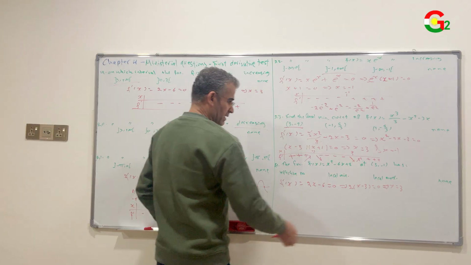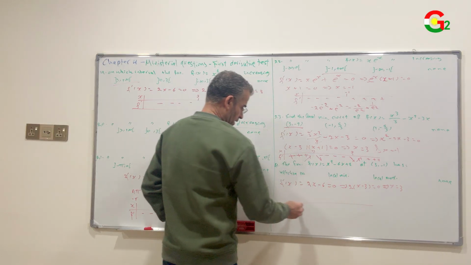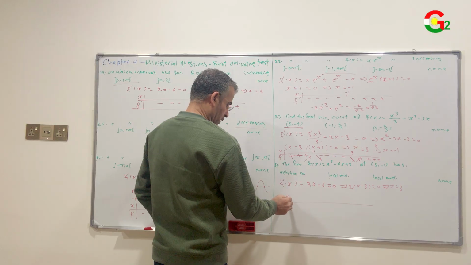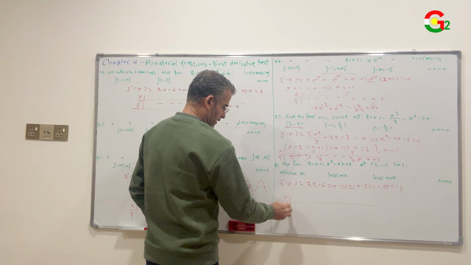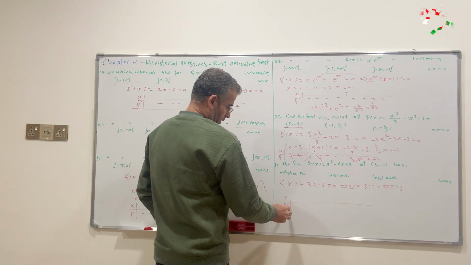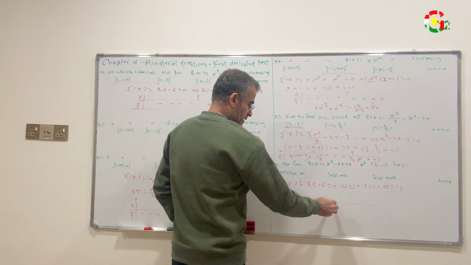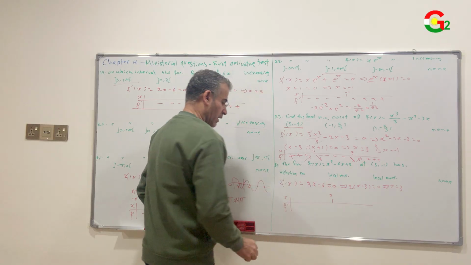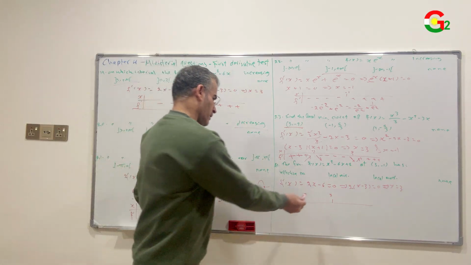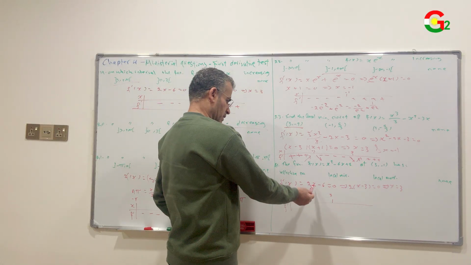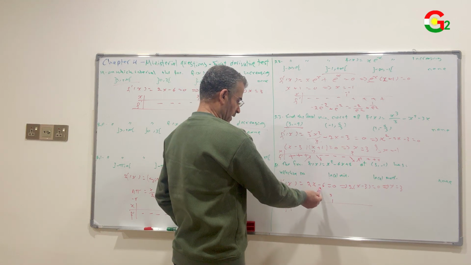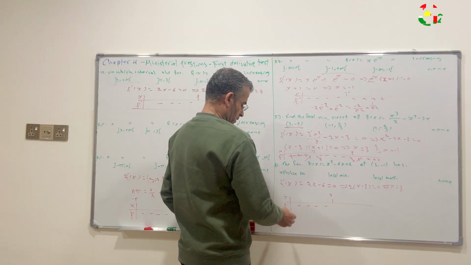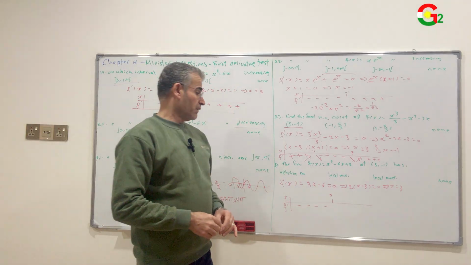Let us see whether x equals 3 is an inflection, minimum or maximum point by finding the sign of the derivative before and after 3. Before 3, take 0, the value of the derivative is negative.